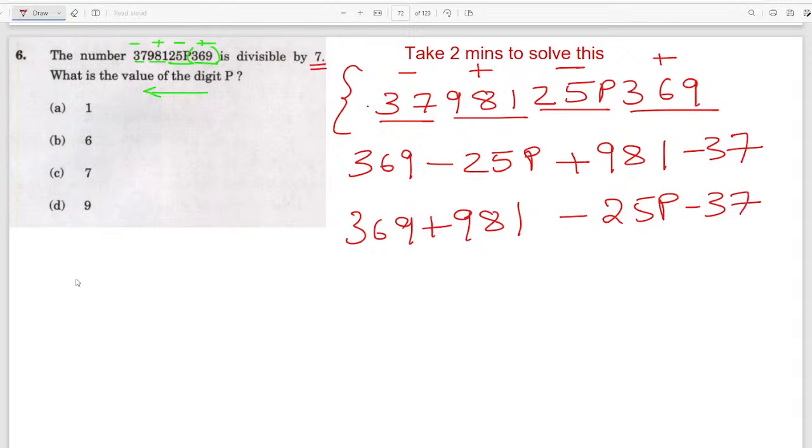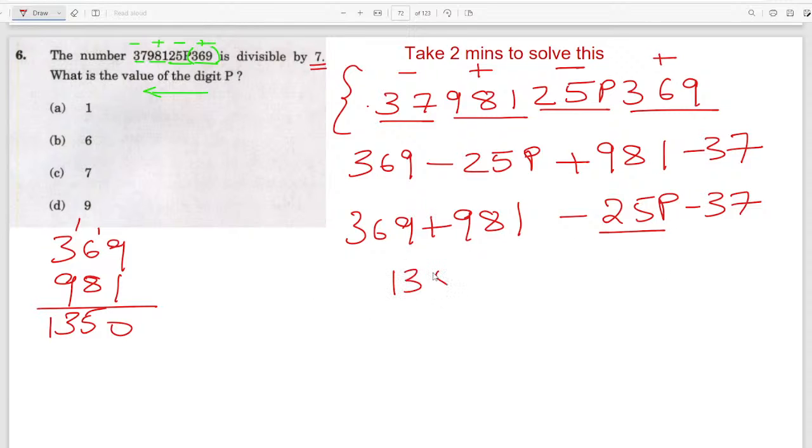We'll add this 369, 981. That is 1350, and I can write this as 1350.